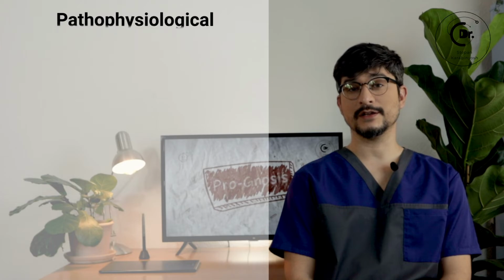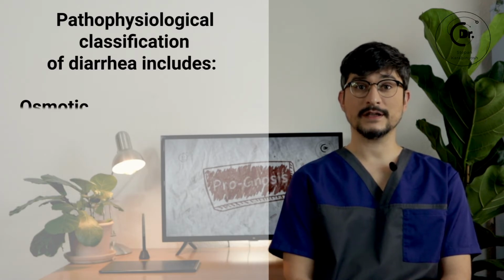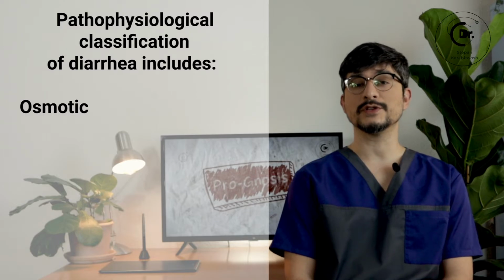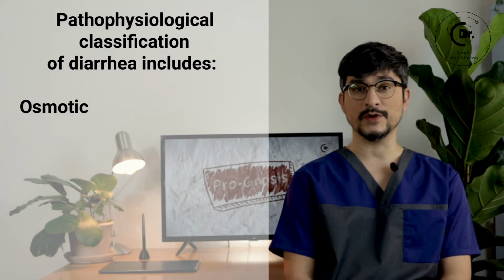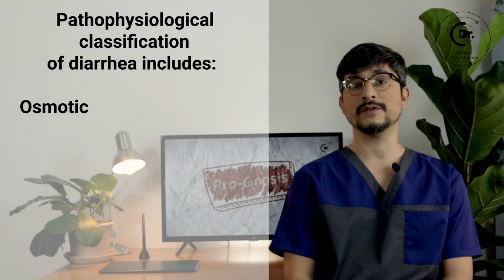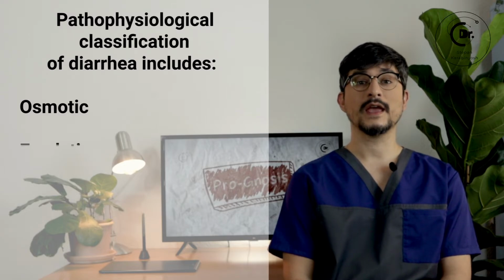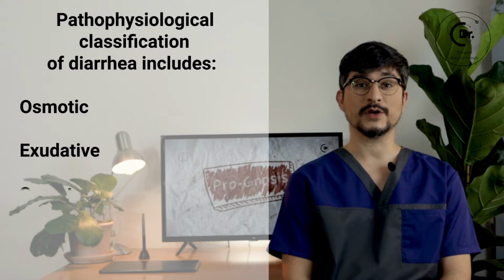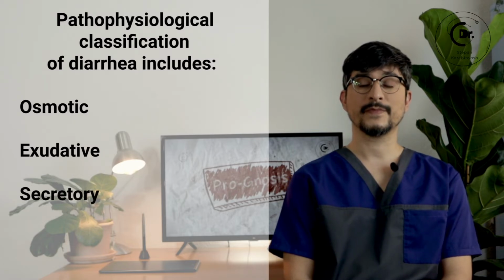However, the pathophysiological classification of diarrhea includes osmotic: the increased osmotic pressure pulls water and leads to redistribution in the interstitium of fluids and then into the lumen from the mucosa. Exudative, typically due to inflammation which leads to mucosal exudation.